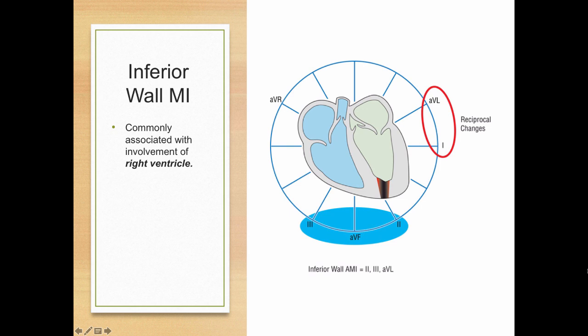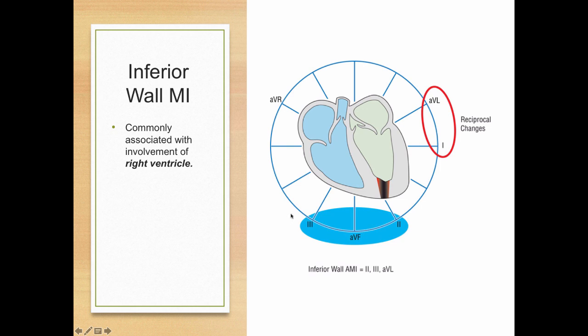So if you see ST segment elevation in 2, 3, aVF, you have this inferior wall MI. We're going to be thinking right ventricular MI, and we're going to do this right-sided 12-lead. We're going to flip some leads over to the right side and double check.